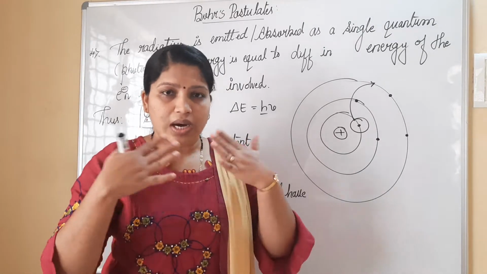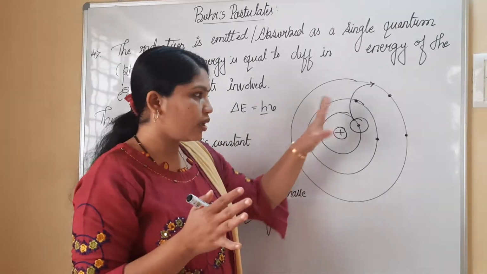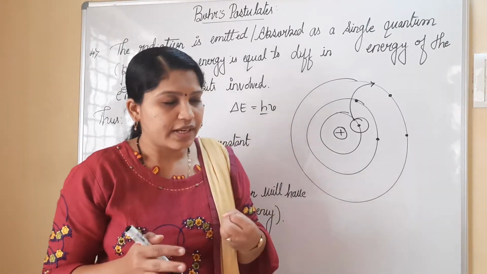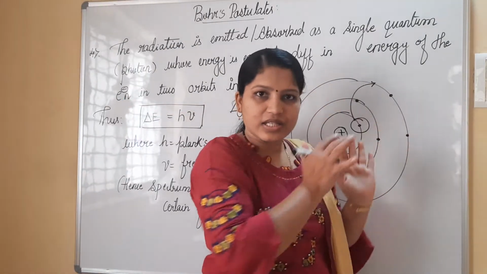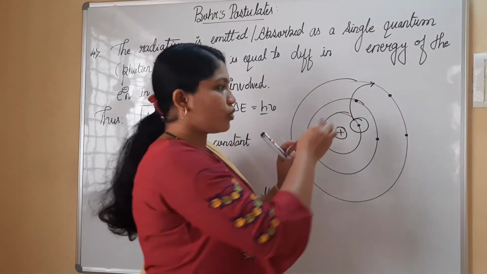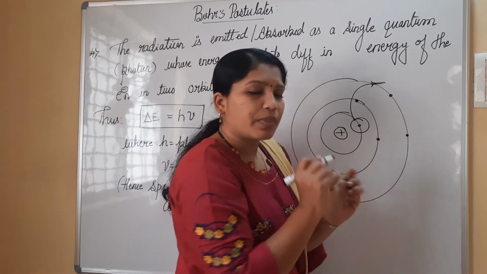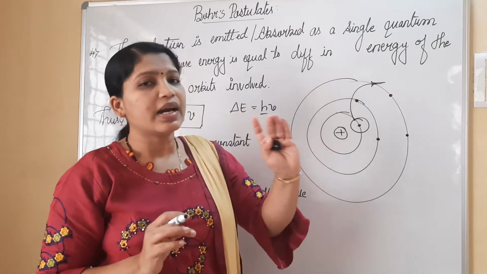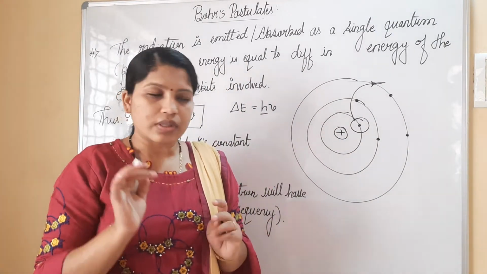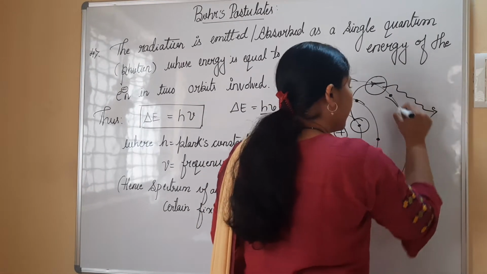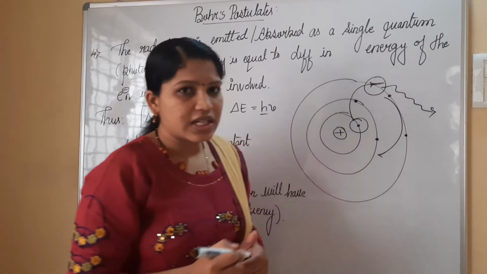It becomes unstable. In the ground state it was stable. Now as it absorbs energy, it moves to a higher energy state. Once it moves there, it becomes unstable at the higher energy level, so it loses a certain amount of energy and comes back to the original state.